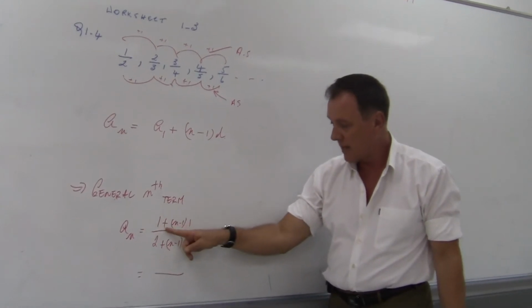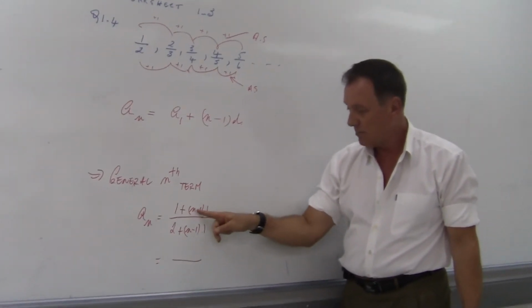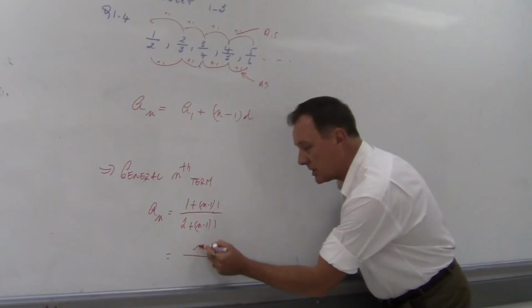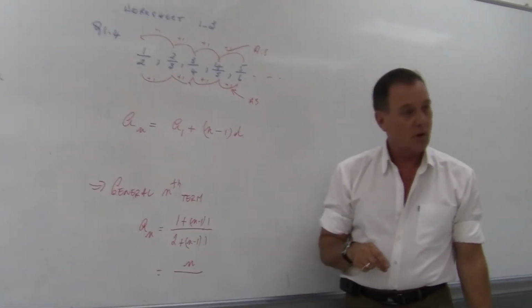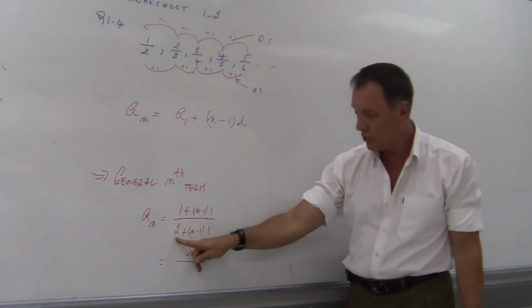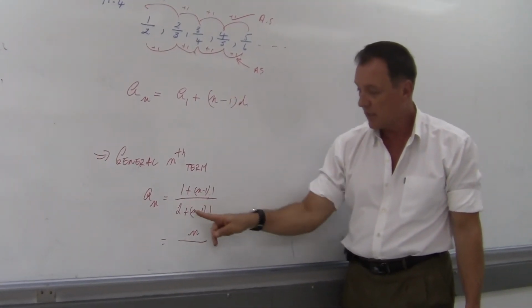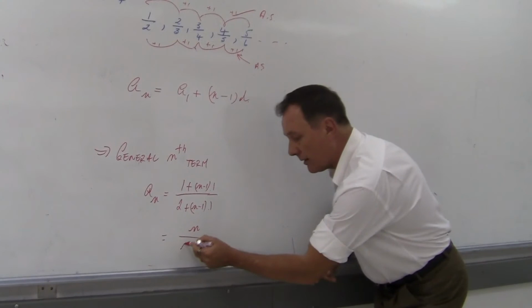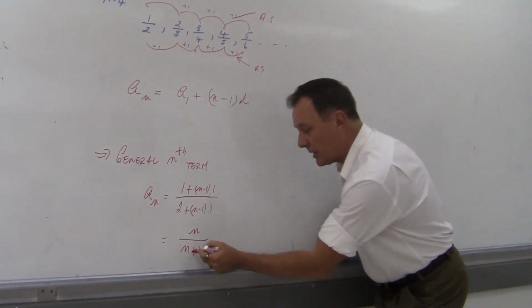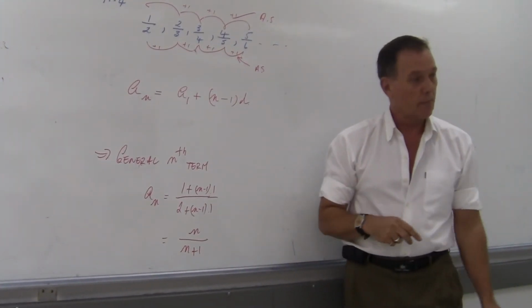It'll be 1 plus n times 1 minus 1, so it looks like it's just going to be n. The ones will cancel. Down here we've got 2 plus 1 times n minus 1, so it's going to be n plus 1. And there's our nth term.